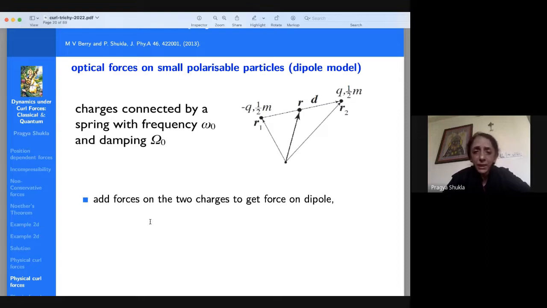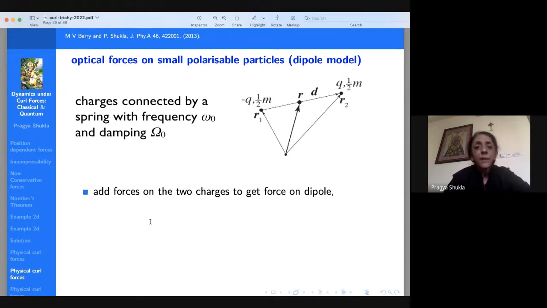Let me just summarize first, and then I'll give you more details as per the time. Basically, this whole setup is kept in an electromagnetic field, with an electric field and a magnetic field. These are charges plus Q and minus Q, with equal masses half M, and I work out the electric field and magnetic field acting on each charge.